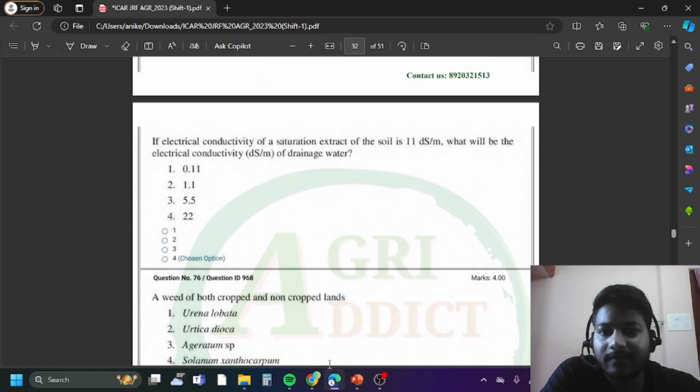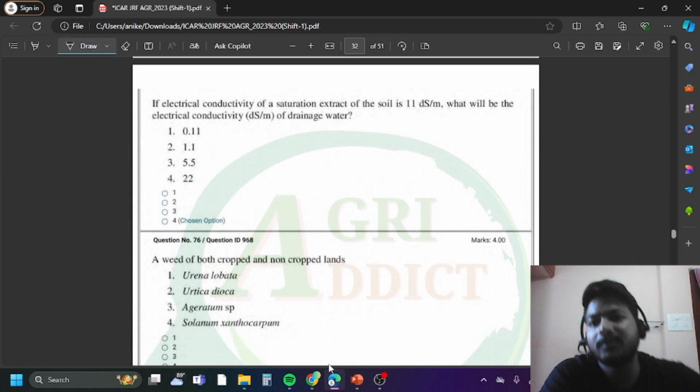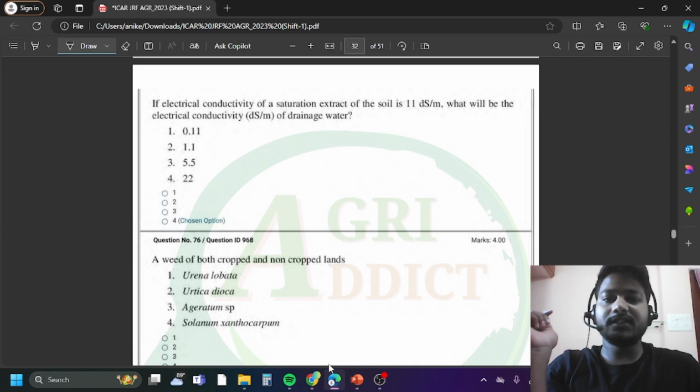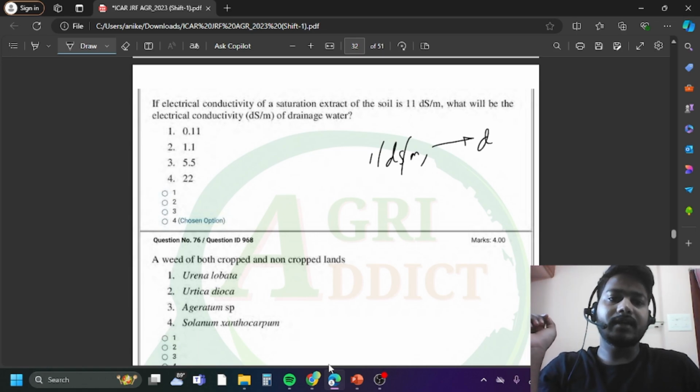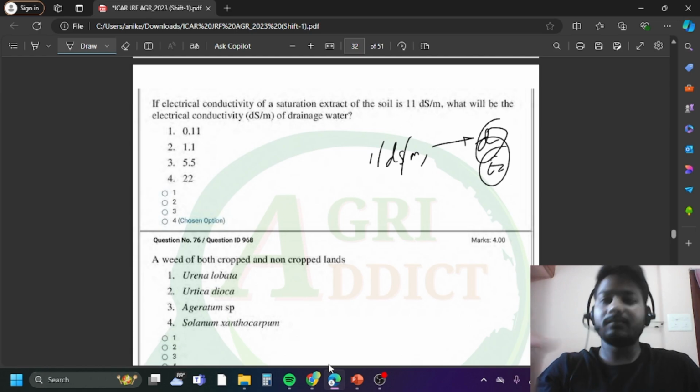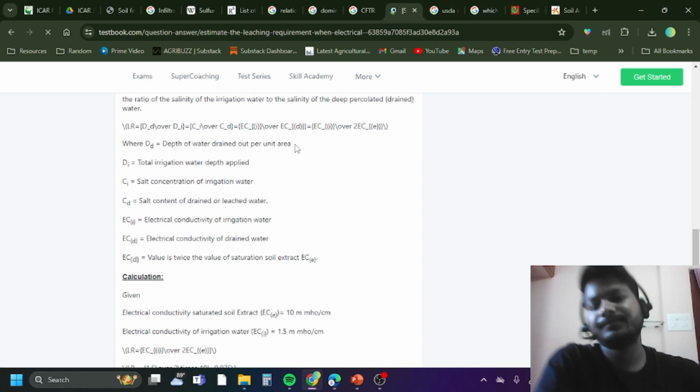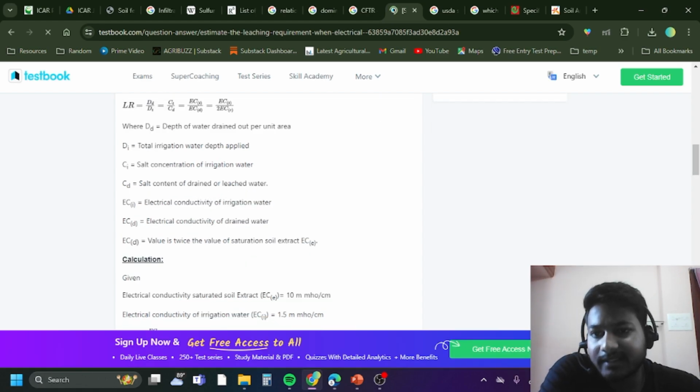Question number 75. This is a new question to all of you. If the electrical conductivity of a saturation extract of the soil is 11 deci per meter, what will be the electrical conductivity of drainage water? That is, the water that drains out and comes. There is a simple thing you need to remember. Just read this statement.